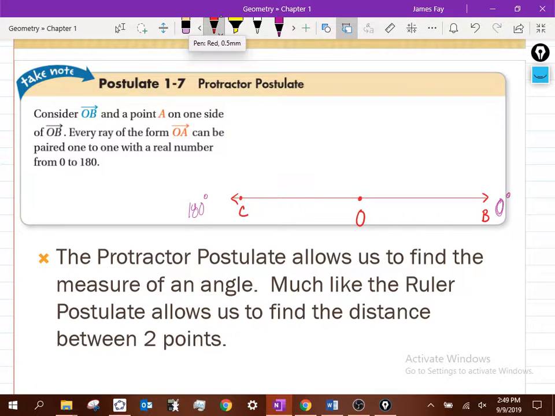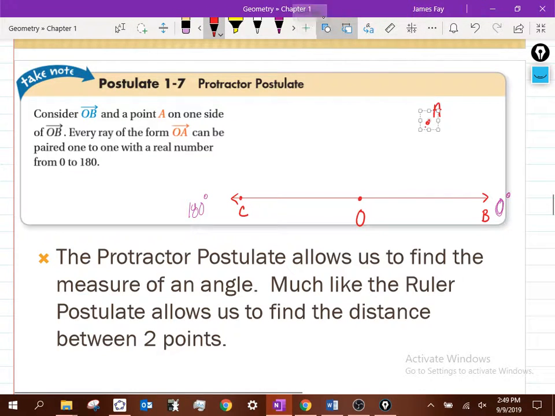And then if I put A on either side of ray OB, so it could be up there up top, or if I wanted to, we could move A, there we go, down here if we wanted to. It doesn't matter, okay? I'll put it up top just because I got room up there.